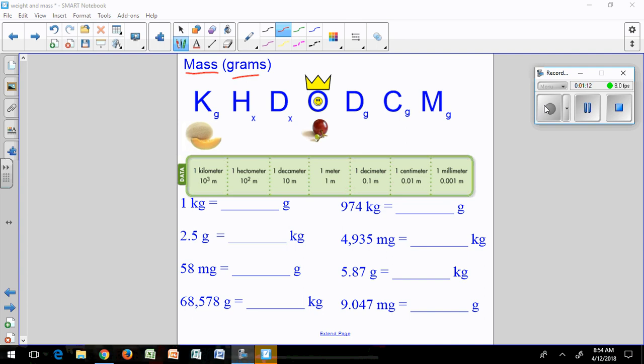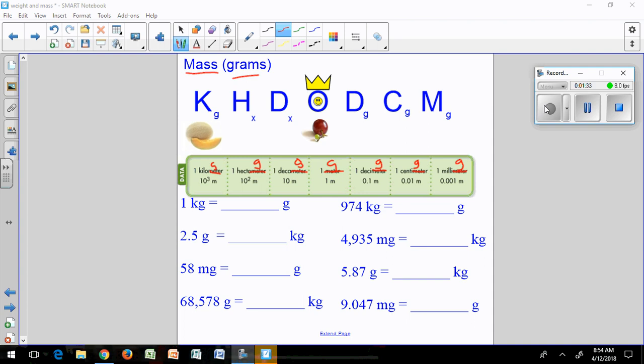We have our kilograms, hectograms, decagrams, grams, decigrams, centigrams, and milligrams. But what we use most often are grams, milligrams, and kilograms.